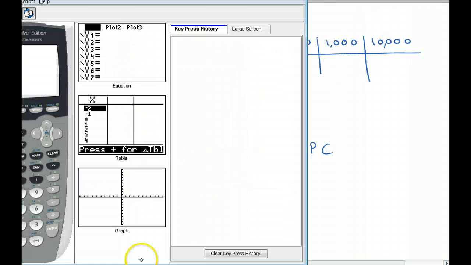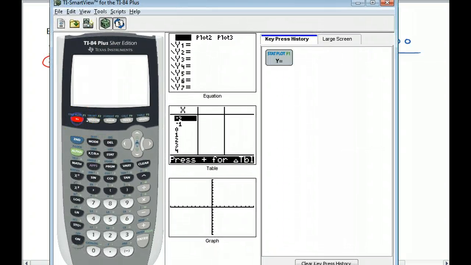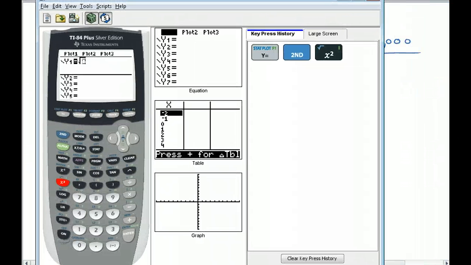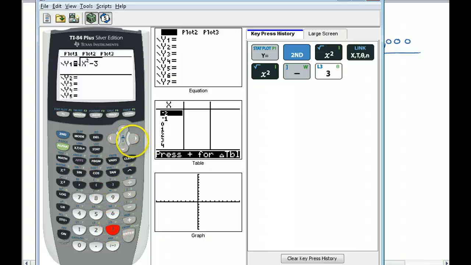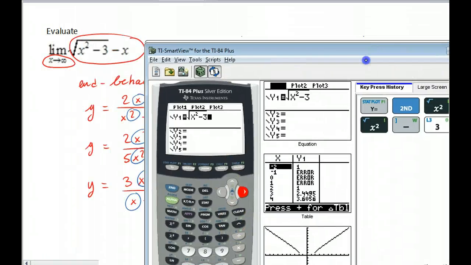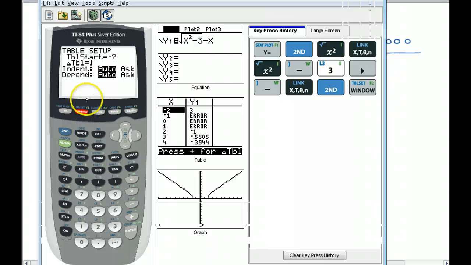Let's go to the Y menu and enter the square root of x squared minus 3, minus x.